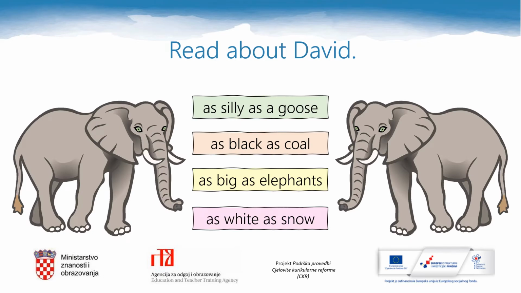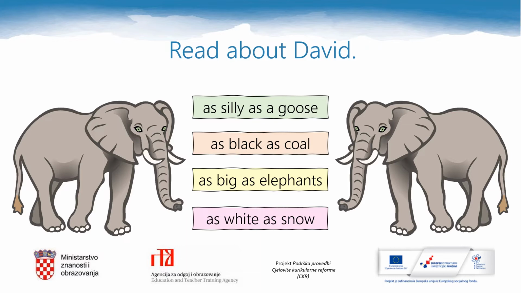Now you will read a text about a boy named David and his hobby. Pay attention to the expressions you see on the screen. You will read them in the text. Think about what they mean. Dok budete čitali tekst, obratite pažnju na značenje izraza koje vidite na zaslonu.